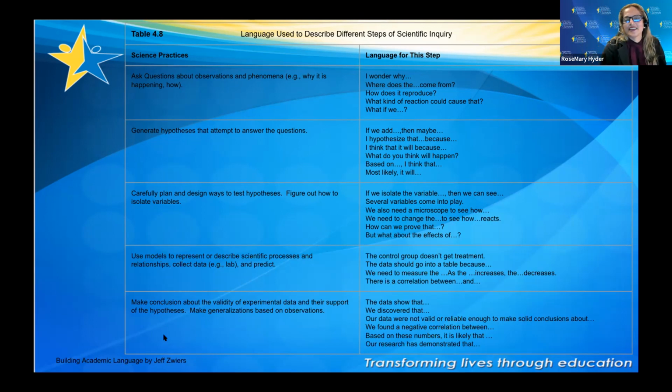So again, languages for these steps, the science practices, you can read through this. What we're using is just the models to represent or describe the scientific process and relationships and collecting data, right? So we either collect numerical data, empirical data, or a diagram, and predicting that data.